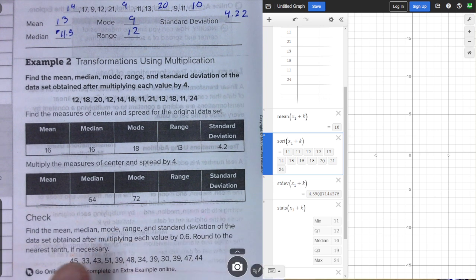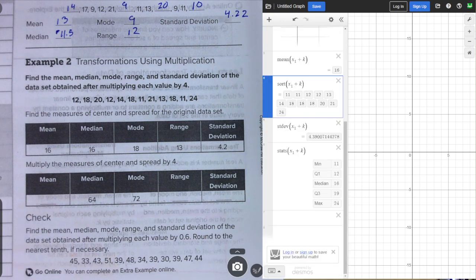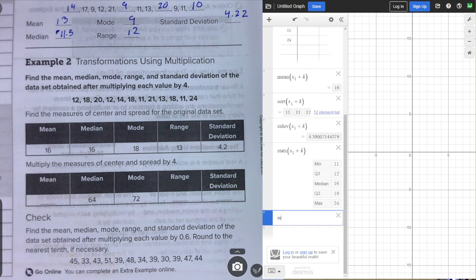All right, now we're going to multiply the measures of central tendency and spread by 4. So we can multiply each one by 4 individually, but on Desmos, what we're going to do is add a new slider. This will be m equals 1, and we're going to start from -10 to 10 with a step size of 1.